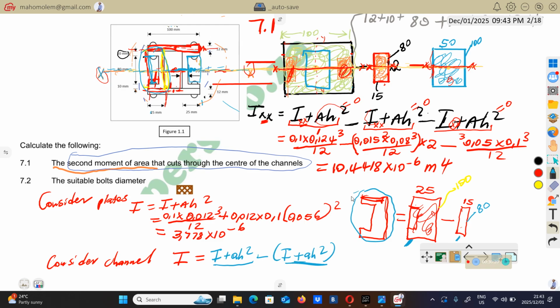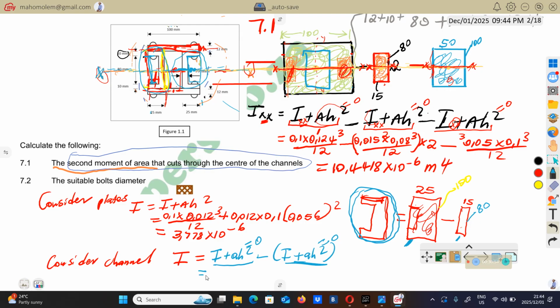In that way, you will find I of this channel. Now, as I've said, the center of this lies on the same level as the XX, the center of the whole thing, so h is going to be 0.